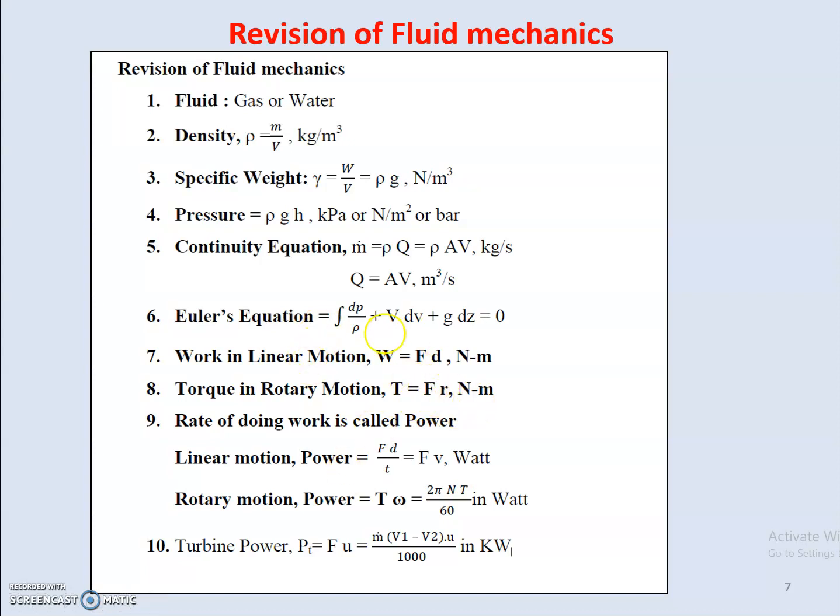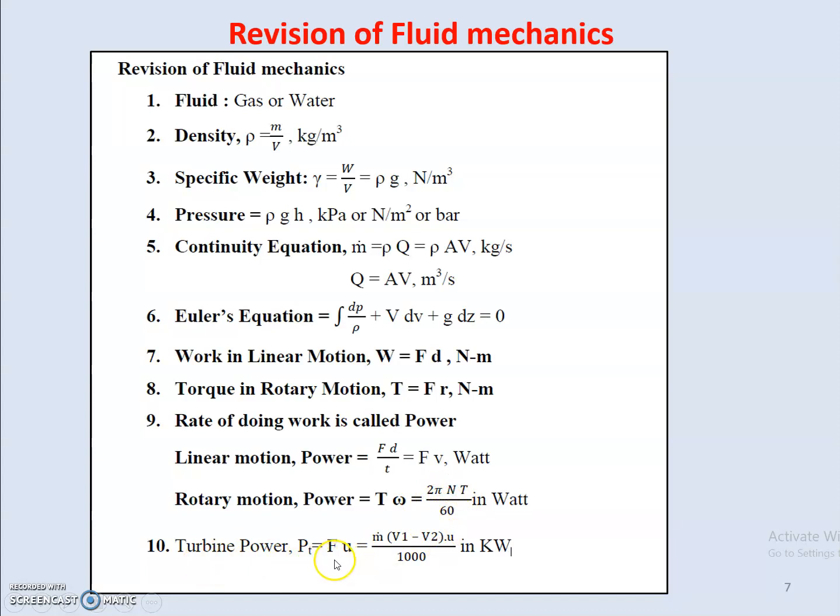Now work done is force into displacement, and torque, for rotary motion, is force into radial distance. The rate of doing work we call power. For linear motion it is force into displacement per unit time, and displacement per unit time is nothing but velocity. For rotary motion it is torque into angular velocity, that is 2 pi N T by 60.